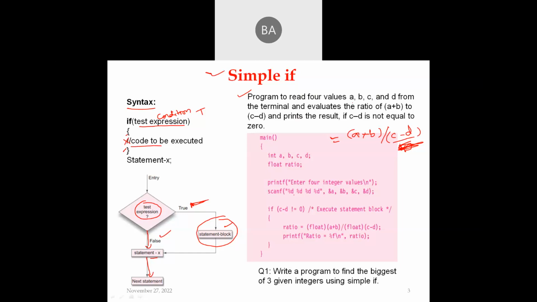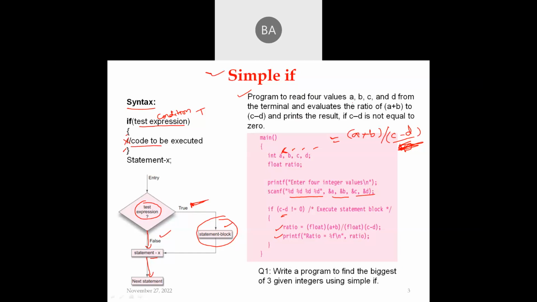So what we are doing here is declaring 4 integers A, B, C, D, and asking the user to enter 4 integers with percentage d for A, B, C and D. We check whether C minus D is not equal to 0; only then do we compute the ratio and print it.